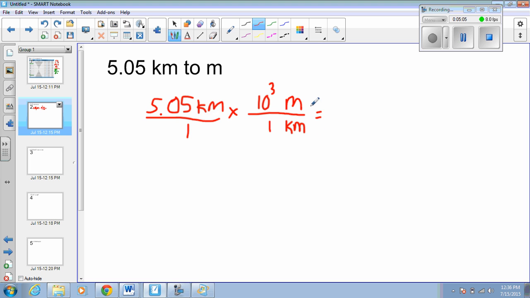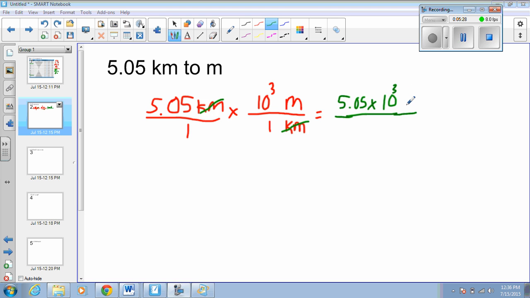And if we take that, we know that kilometers cancels out. The only unit I'm left with is meters. And I'm going to multiply my tops. 5.05 times 10 to the third.